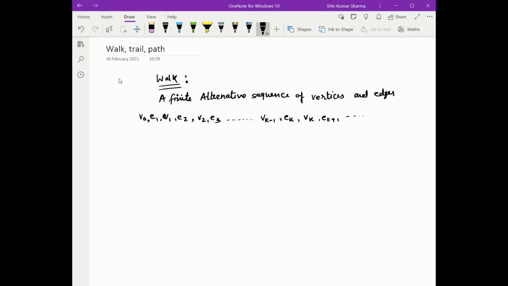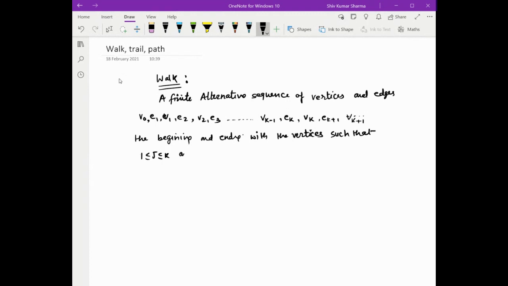The sequence begins and ends with vertices, such that j lies between 1 and k, where k is the number of vertices or edges.